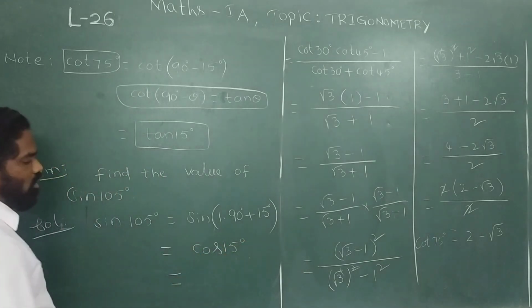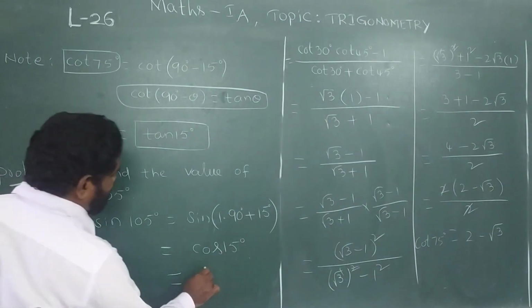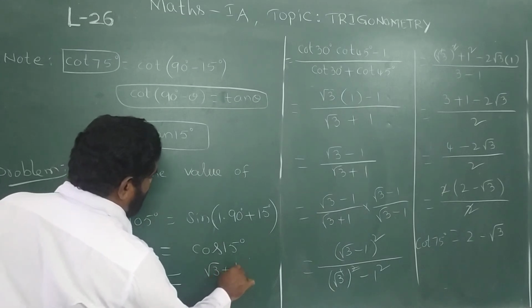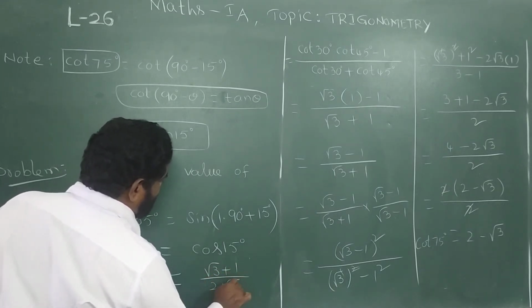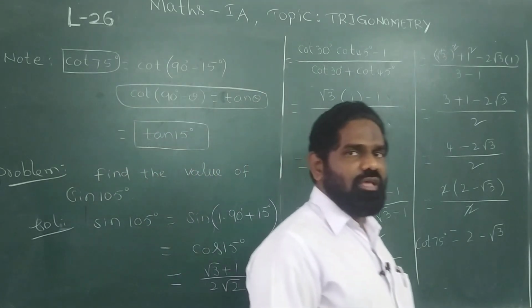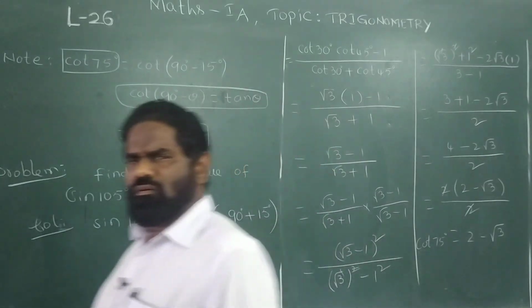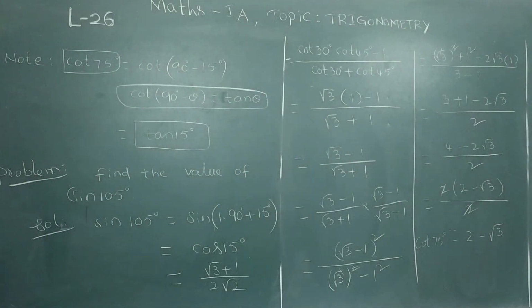I have already told you sine 75 equal to cos 15 degrees. That should be equal to how much? Root 3 plus 1 by 2 root 2. Understand? In the same way, we can find the values of another, like cos 15 degrees.